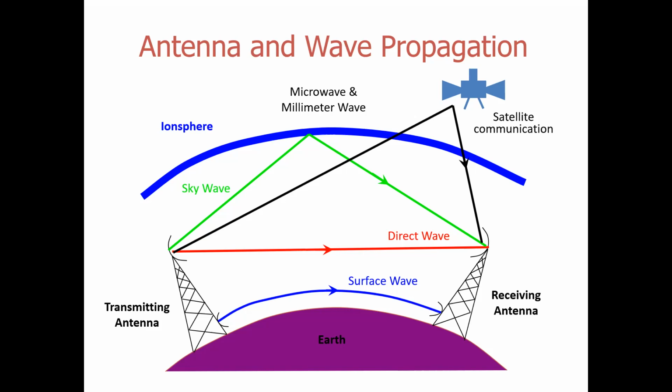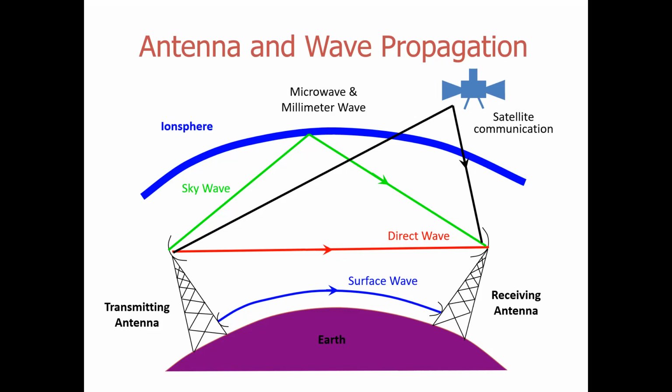Sometimes it goes from antenna to antenna, that is the direct wave. And sometimes it is reflected by the ionosphere, that is the sky wave.